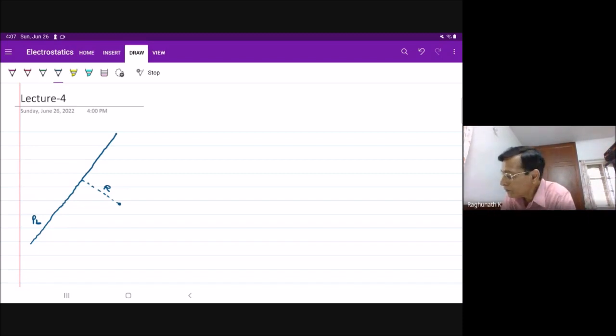And this unit vector is AR, because it is non-standard.